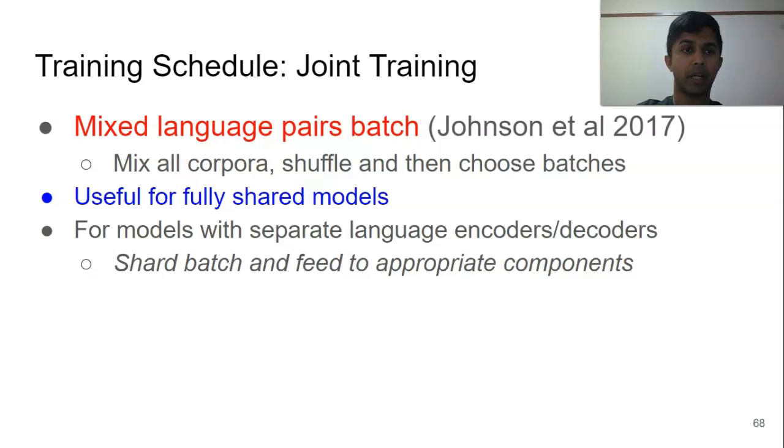In this case, what we can do is have a batch which consists of sentences from multiple language pairs, and then shard it whenever you want to compute language specific components. So you would have a batch, say, consisting of sentence pairs belonging to 2 languages. Then just before the language specific component computation, you split the batch or shard it into 2 sub batches, feed it to the appropriate components, and then stitch the two batches together to get the original batch back.